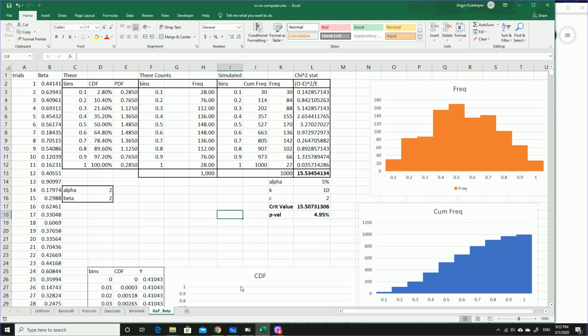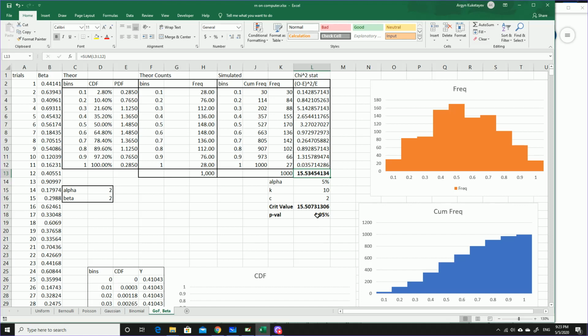I guess that was it in terms of the example. What else? There was also this p-value. For this test statistic, you can calculate the corresponding p-value, and the p-value is another way to test the hypothesis. In this case, my p-value is less than 5% significance, which means I can reject my hypothesis.